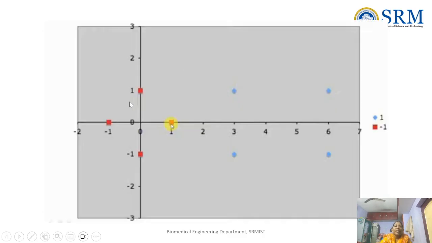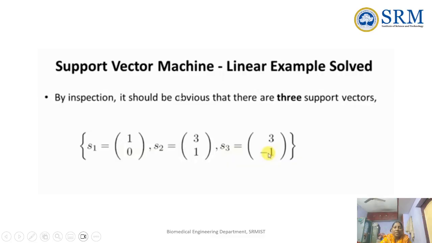Now, these data points we have plotted. The positively labeled data points are plotted in blue and the negative points are plotted in red. So we have plotted the two different classes here. This is the support vector plane. Now the next step, here we have to choose the three support vectors.